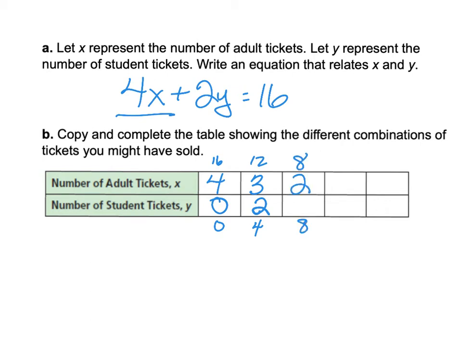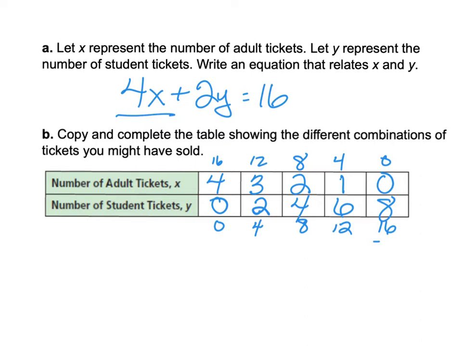So we need another $8. That would give us 4 student tickets at $2 a piece. 1 adult ticket would give us $4, so we would need 12. That would give us 6 student tickets at $2 a piece. And if we didn't buy any adult tickets, then we need all $16, so 8 tickets at $2 a piece would give us our 16.